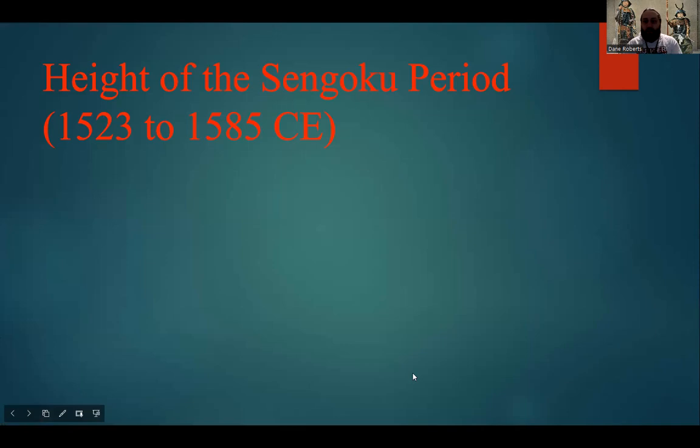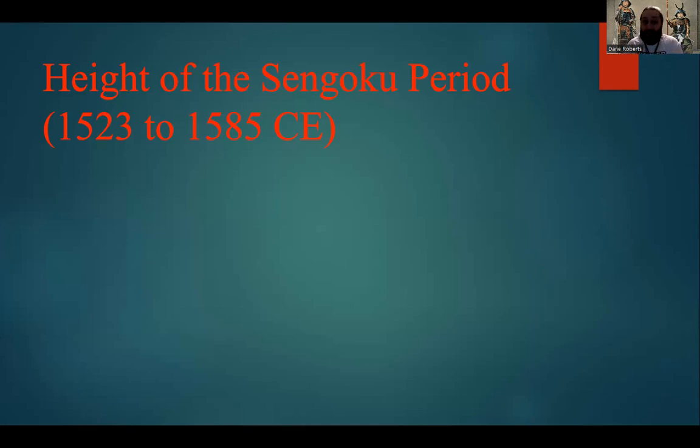All right, so now that we've covered what was going on economically and militarily in terms of what the soldiers were using during the Sengoku period, as well as politically to a certain degree, we are going to talk about the height of the Sengoku period.